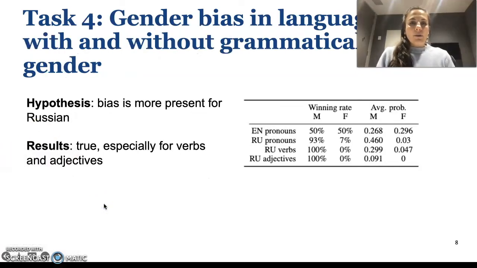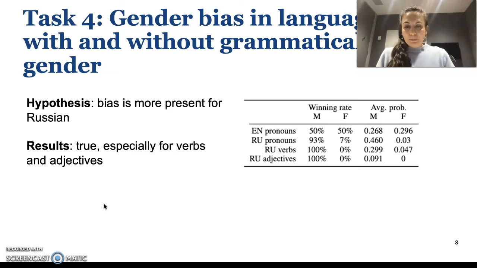And lastly, for task 4, we did a similar task with masking, but of course there was no correct answer here. We were just testing how many female or male gendered forms are predicted by the model in the top 50 predictions.